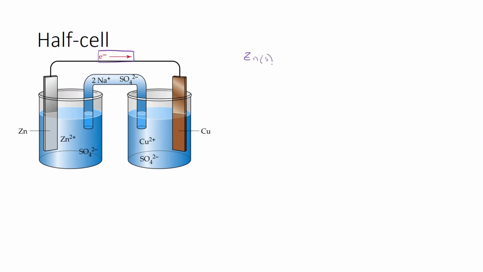So zinc solid, on the left side, is changing from zinc solid to zinc 2 plus, that's aqueous because it'll dissolve, and it's giving up 2 electrons.